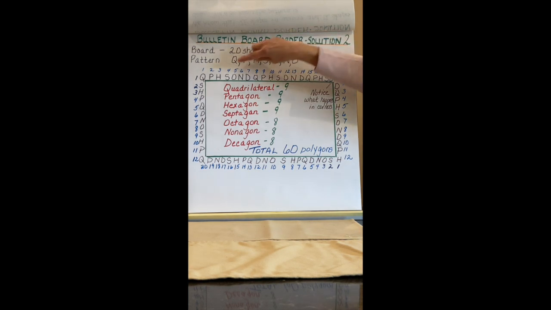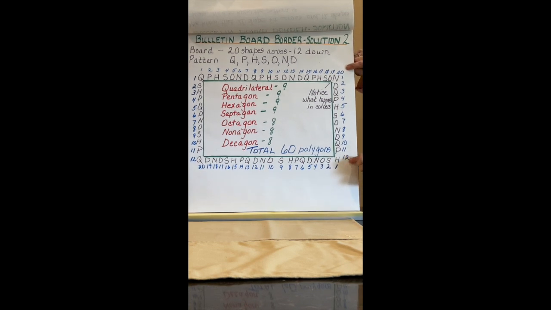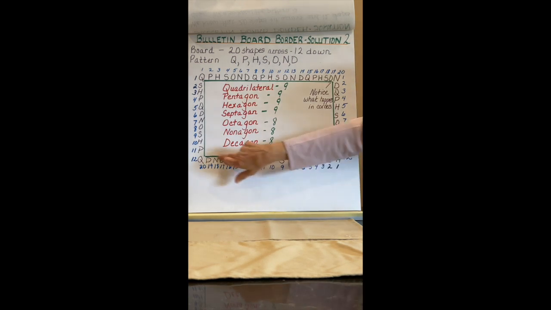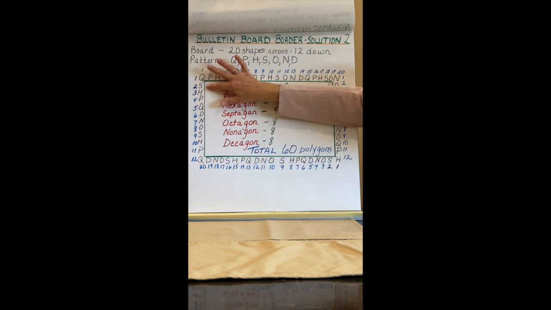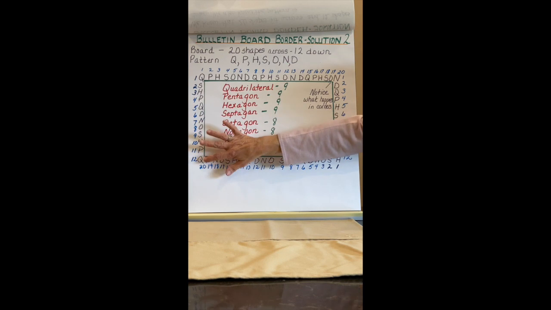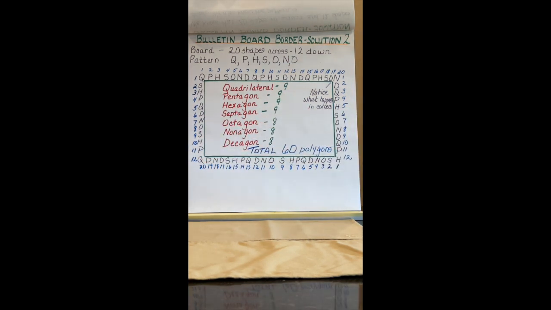So I have 20 across, 12 down, but I really only needed 10 new shapes on the side, because these two were counted on the top and the bottom row, all right?